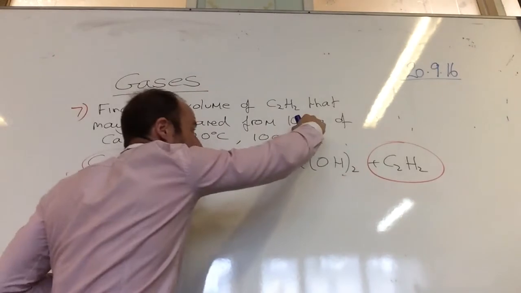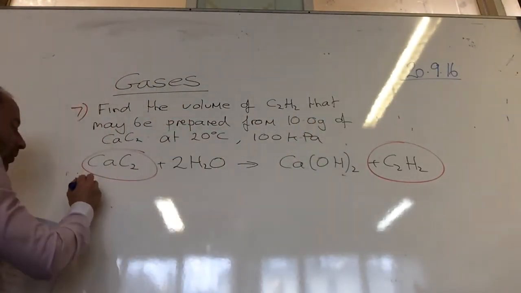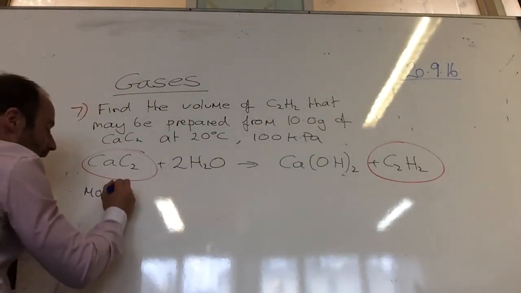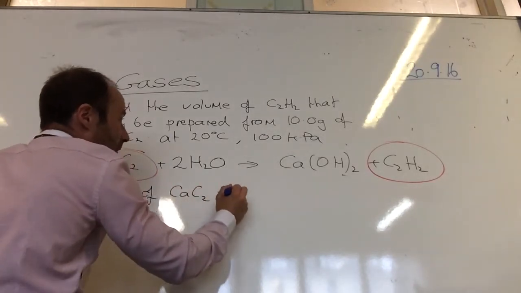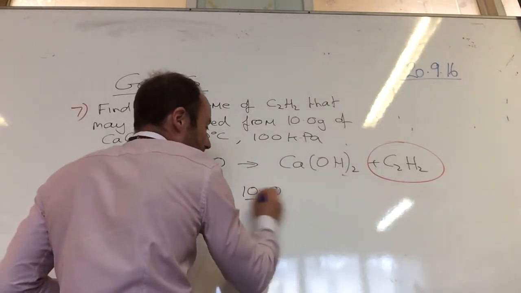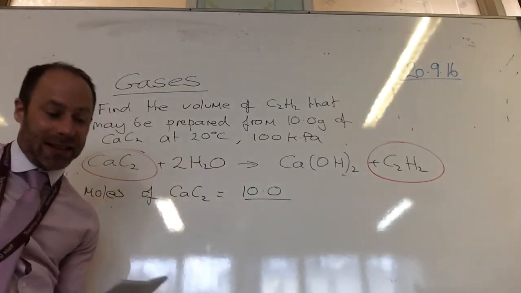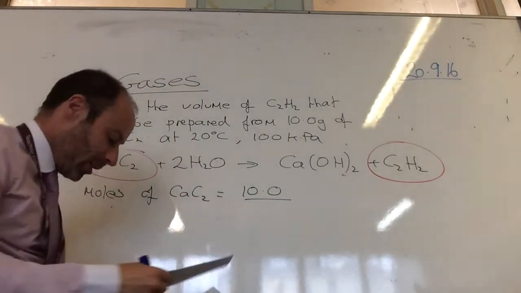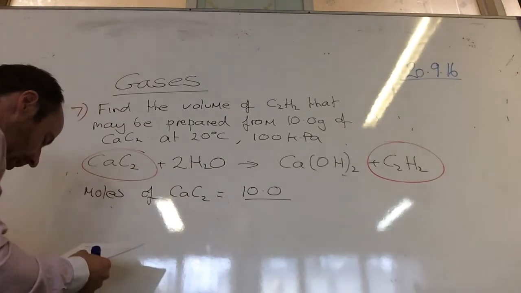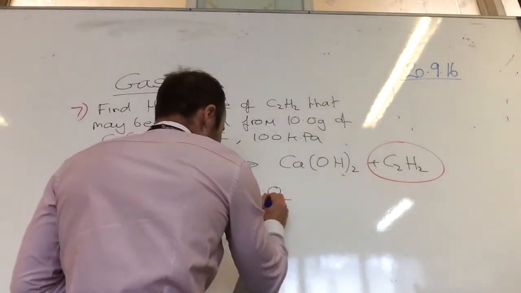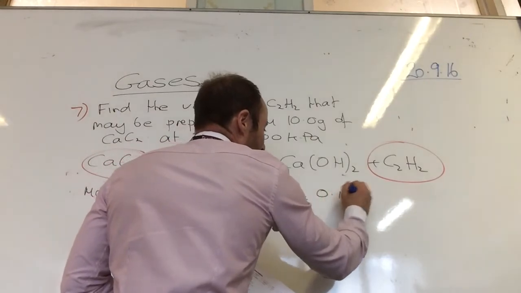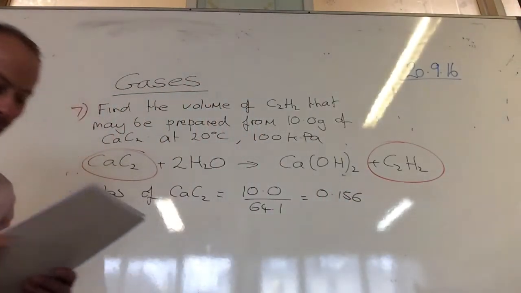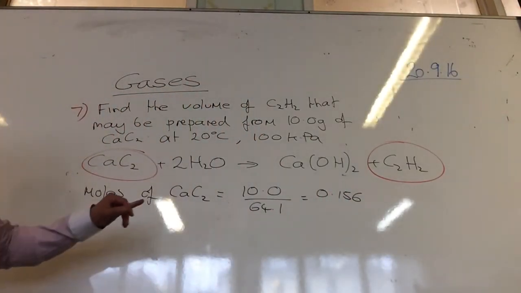I've been given a mass, so I find the number of moles. Moles of CaC2 is 10 grams divided by the molar mass of calcium carbide, which is 64.1, and that equals 0.156 moles.